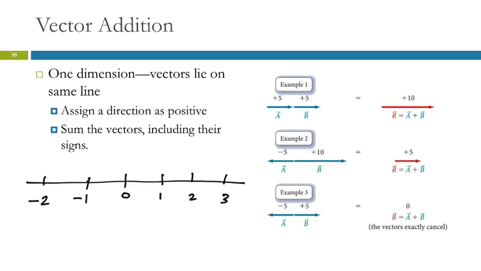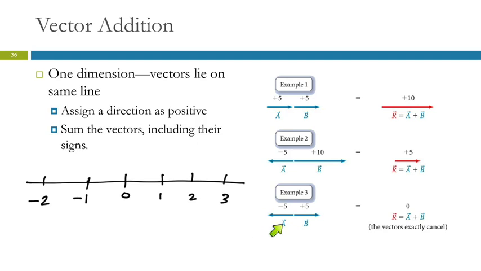Does that make sense? If you think about this as playing tug of war, with the ends of these vectors as the flag, and this person is pulling in that direction with a strength of 5, this person's pulling in the opposite direction with a strength of 10, this person wins, right? Here, both are pulling in the same direction. They're going to go even farther.